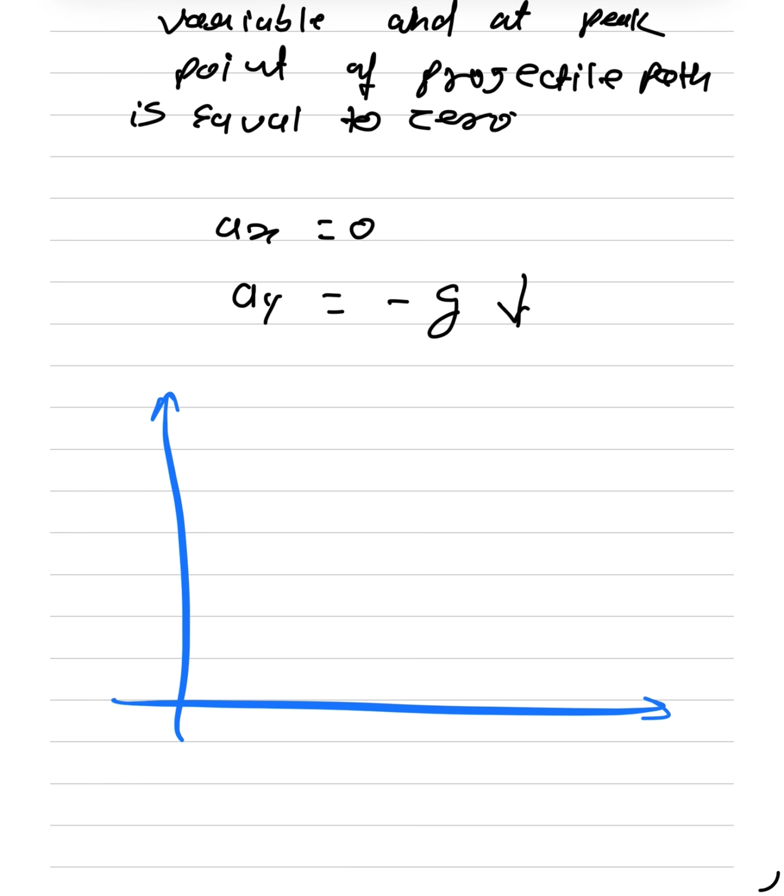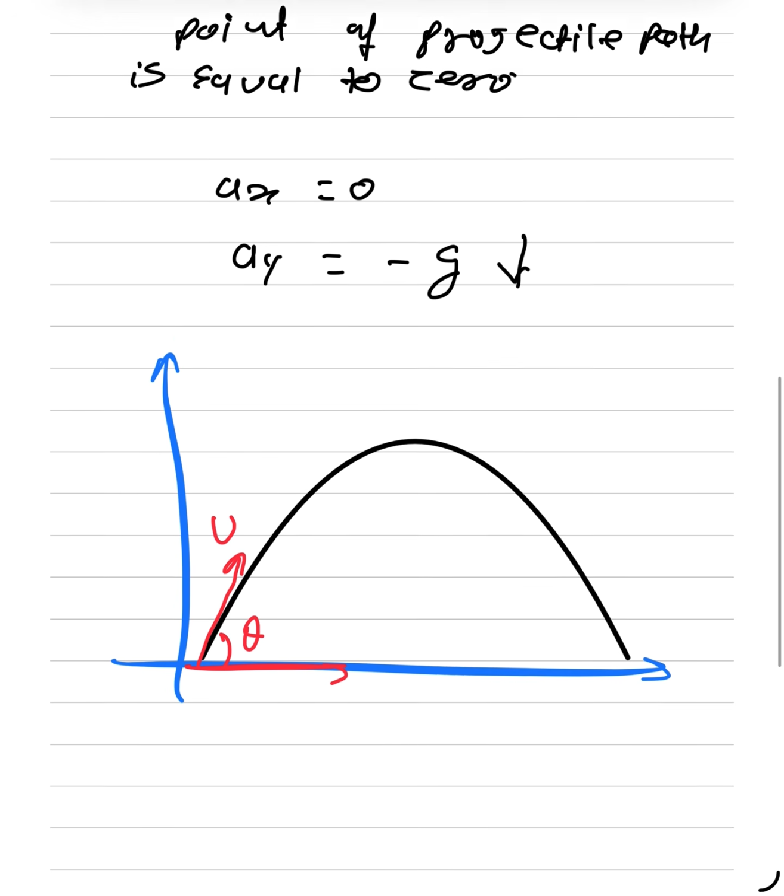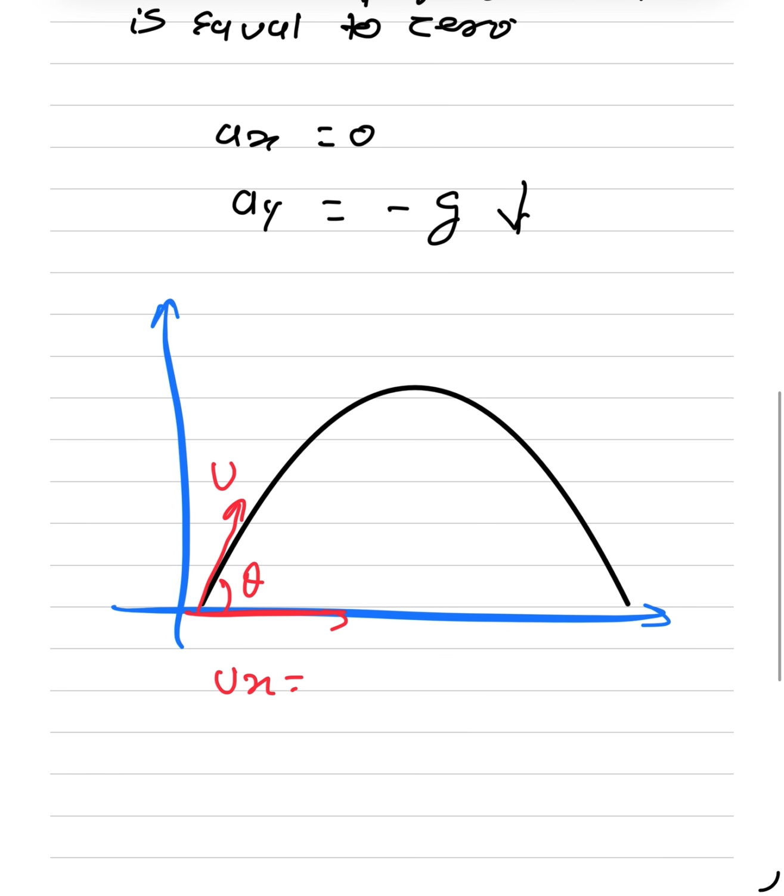And next topic, if we want to calculate projectile velocity after some time, like this, right. This is a projectile path, and at this point projectile velocity u, angle theta, ux equal to u cos theta, and uy equal to u sin theta, correct.